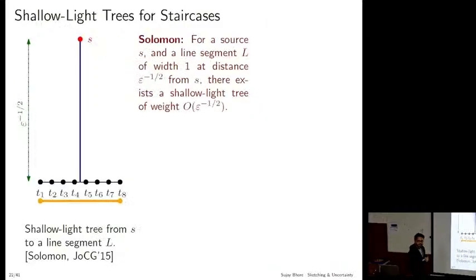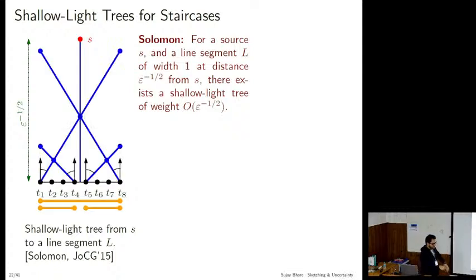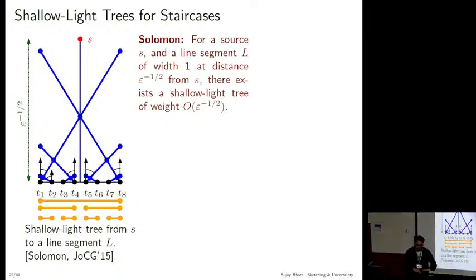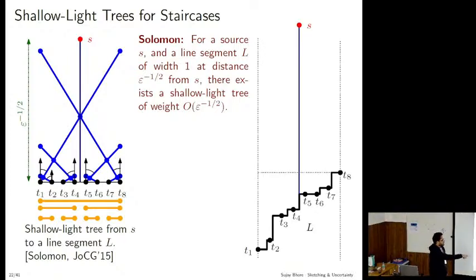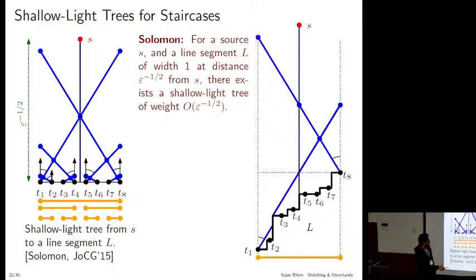So let's revisit shallow light tree and have a more computer science understanding of this. One can think of this whole space as a binary partition, because every time you go down, essentially what is happening is that you have a lot of points in the baseline, right? You have one point at the top. Much of the expansion of the tree is happening at the ground level. So they don't cost as much as it looks like. But now we don't have a flat space, we have this kind of stair situation, which means I have to charge these boundaries as well.